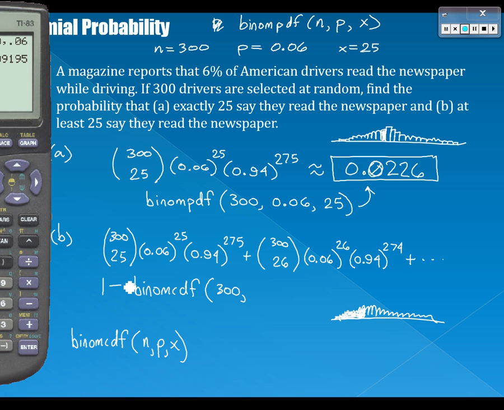What am I writing? 300, 0.06, 25, right? 24, good, thank you, sorry. Okay, make sure we catch that. Why? Because isn't this the exact set of stuff that we don't want? Don't we want to add up 0, 1, 2, 3, all the way up to 24? Figure out what that is. That's exactly the stuff we don't want, and then subtract from 1. Okay? So that will give us something.